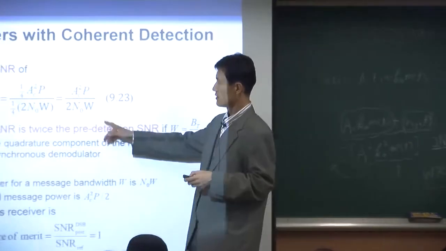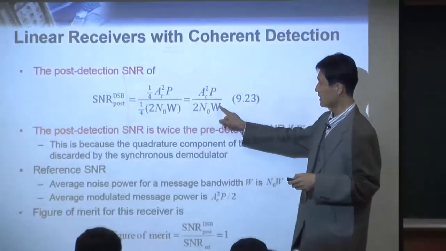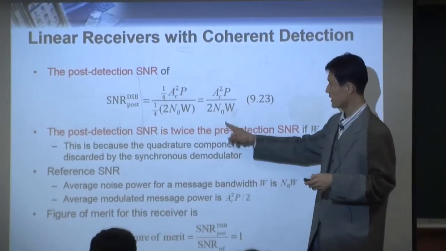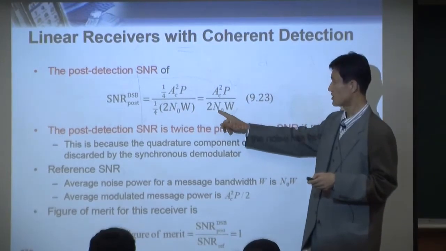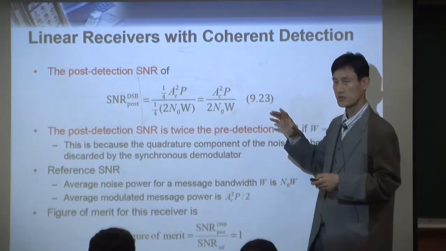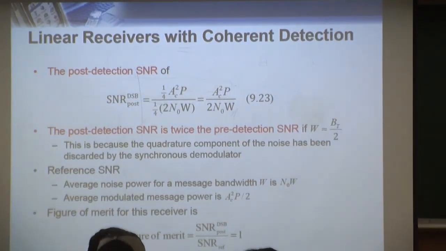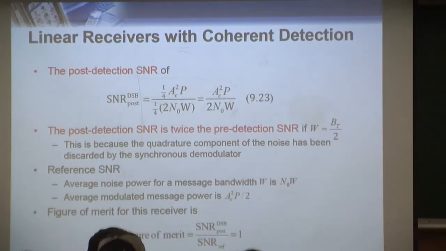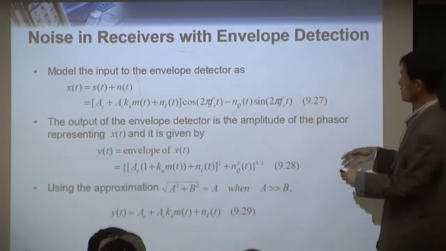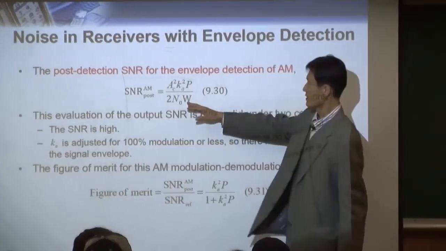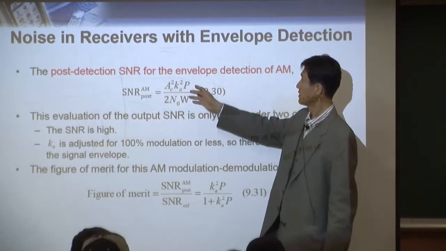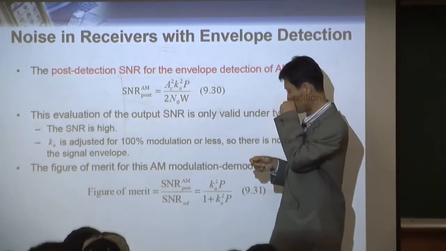So given that W is BT divided by 2, then you cancel 2, 2. Then it's almost the same as N0 BT, almost. So this is going to be the post-detection SNR when you use an envelope detector.